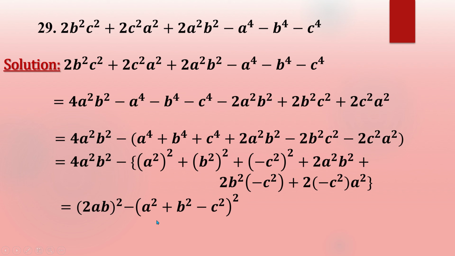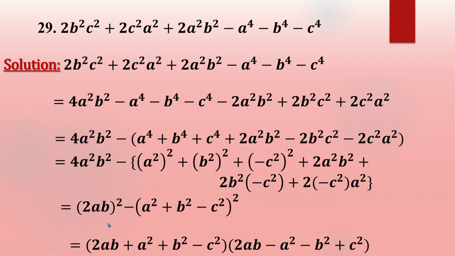That's mean a square minus b square. A square minus b square mean a plus b into a minus b. A mean 2ab, b mean a square plus b square minus c square. So this plus this into this minus this. This minus this mean minus a square minus b square plus c square.